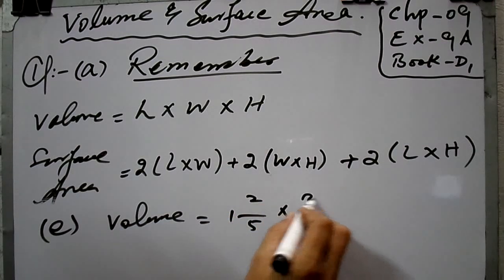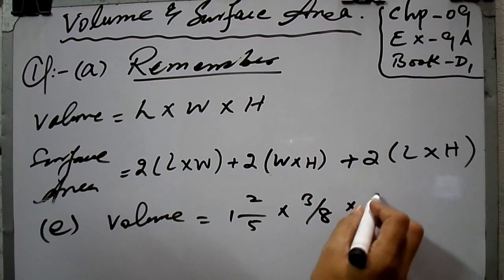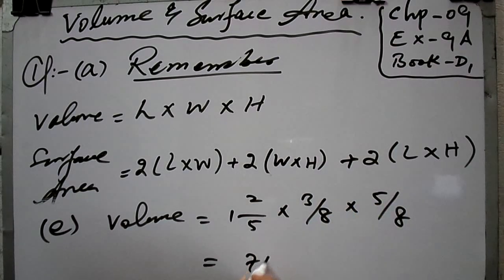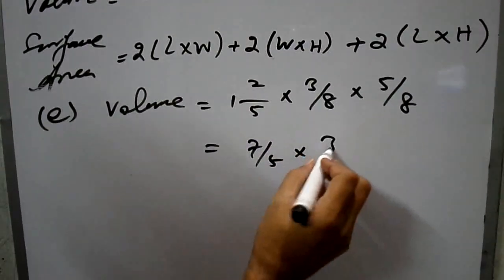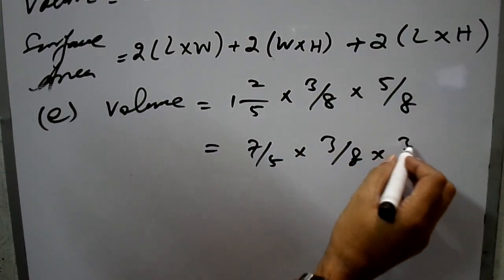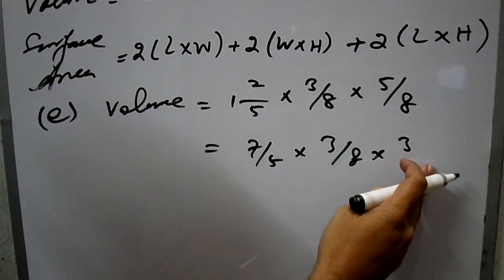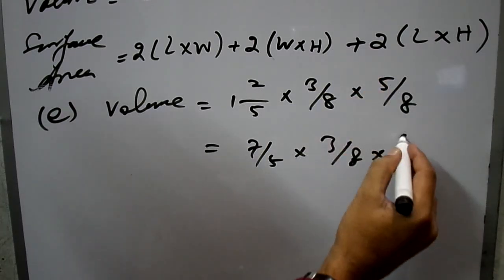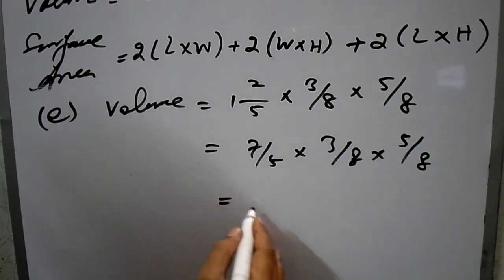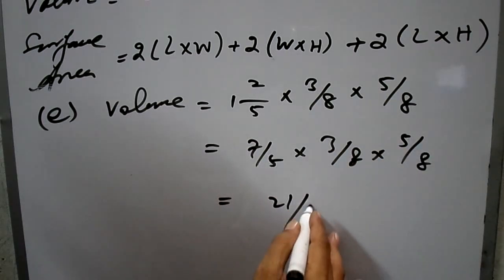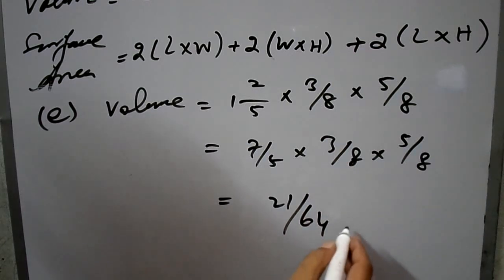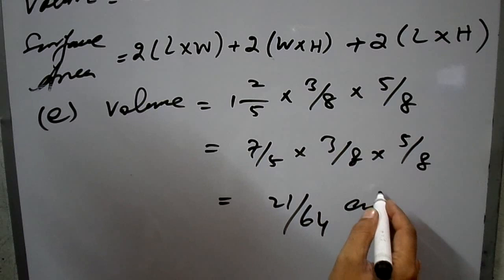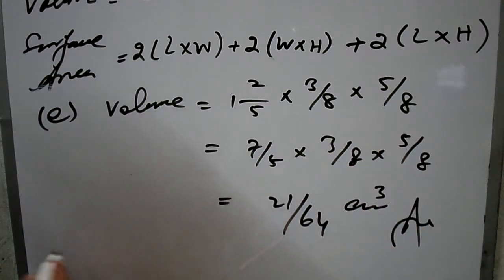First of all you have to convert the mixed numbers, then you can multiply them: 7 by 5, 3 by 8, 43 by 8, and the given 5 by 8. So after simplification you will get 21 by 64. So centimeter cube is your required result.